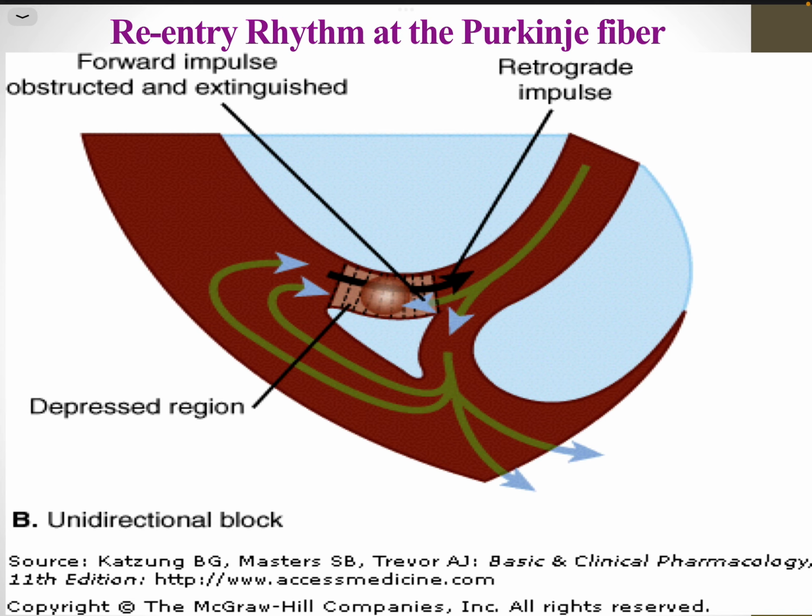You can photograph this paper if you're interested, but it's just my notes because it's a little bit of a complex topic. I had to write some of these points in order to explain them. A re-entry circuit is also called circus movement, where the impulse re-enters and excites areas of the heart more than once. Now, a very important condition you will hear about, and it's in the slides, is called Wolff-Parkinson-White syndrome. Have you heard of that term? It's not Parkinson's disease; Wolff, Parkinson, and White are probably the three people who discovered that syndrome.